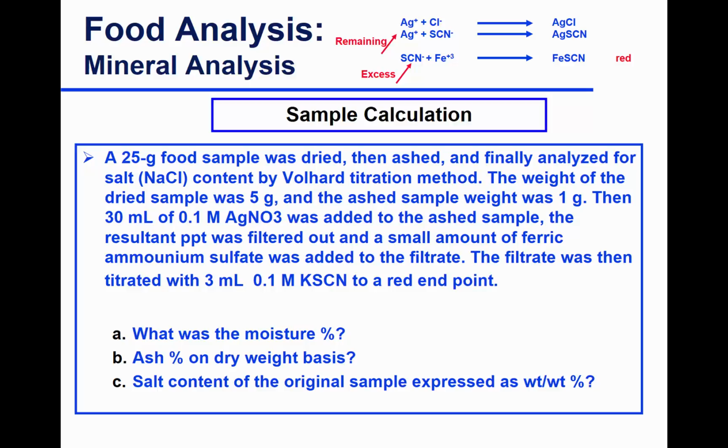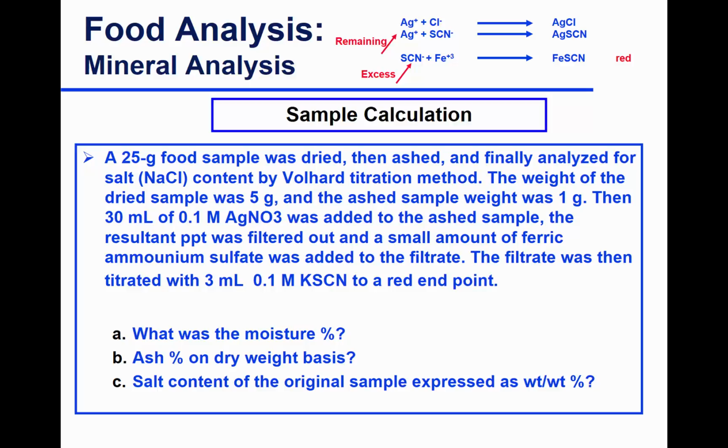So this is how much silver nitrate remained after some of the silver reacted with the chloride. So this is the remaining. The difference is the number of moles that were taken up by the chloride. And since it's equimolar, 1-to-1, the difference would be equivalent to the number of moles of chloride. Okay?